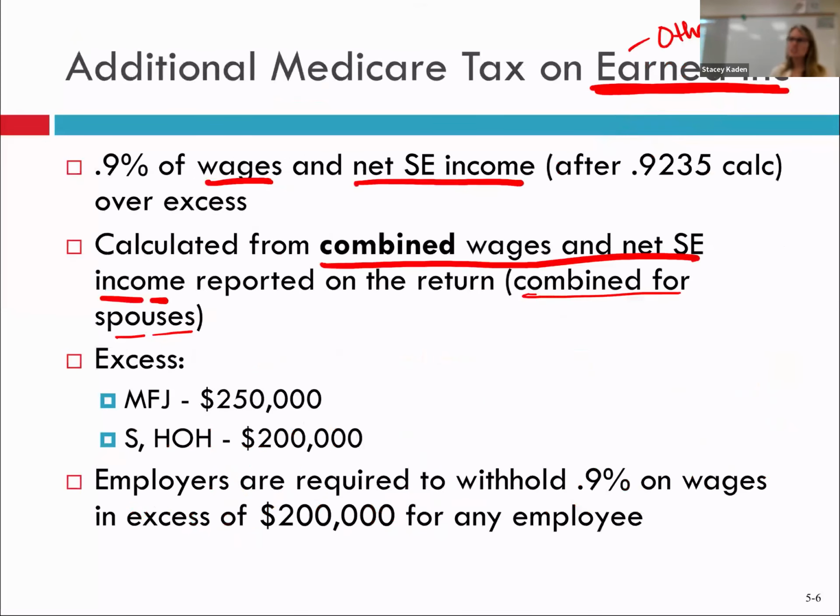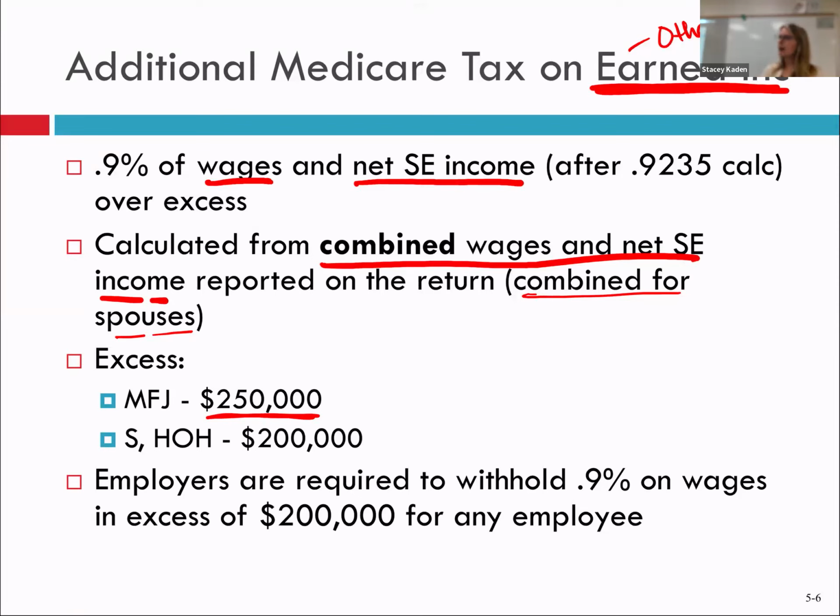But when we get to the additional Medicare tax, we do combine all of that together. So we'll take one spouse's wages, maybe another spouse's self-employment, and add it together. You are not subject to this tax if those items combined are less than 250,000 for married filing joint.